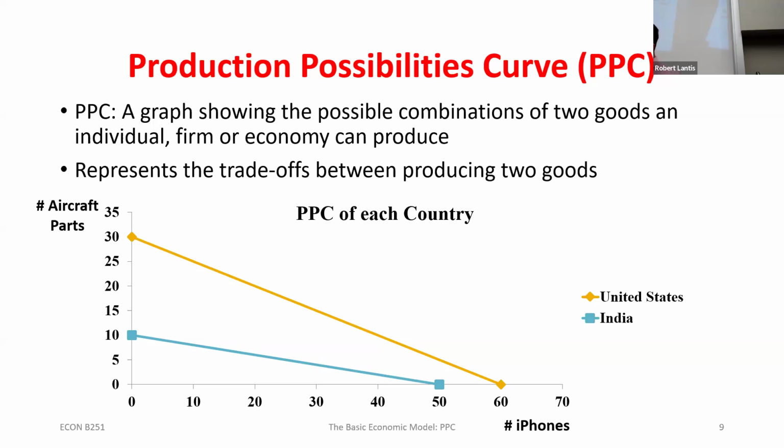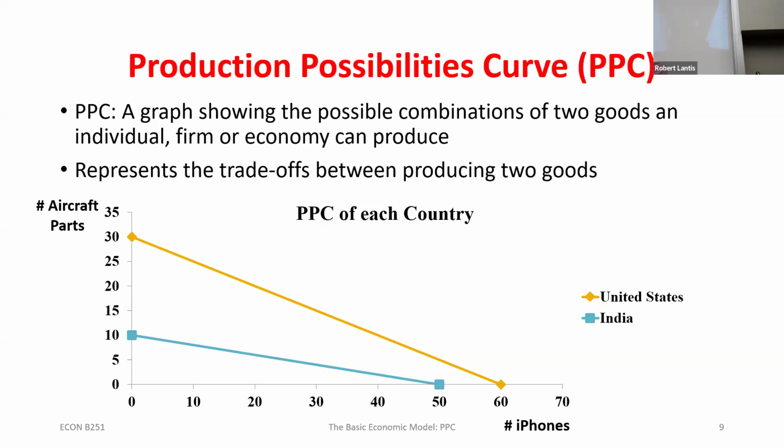So for the US, what's the slope of their PPC? That's going to tell us the cost of the x-axis good, or aircraft parts. Well, once again, rise over run, or change in y over the change in x, going from 60 to 0. So if we want to be technical, we're going down 60, and then 0 to 30. So we get -2, right?